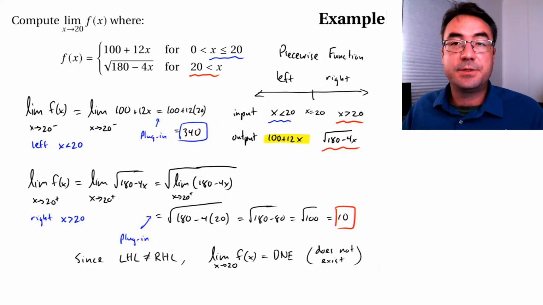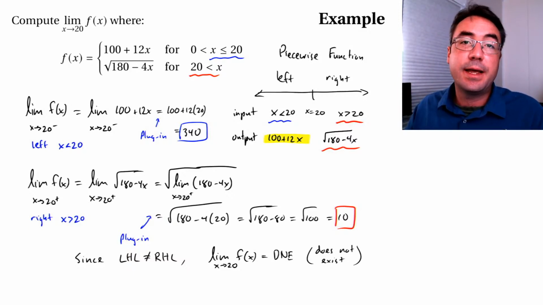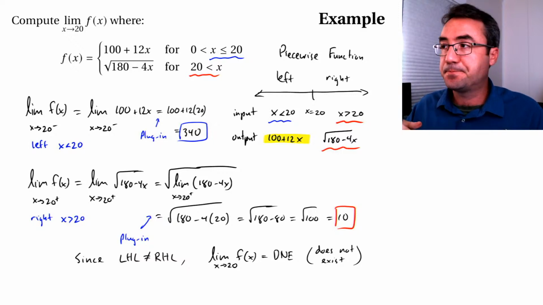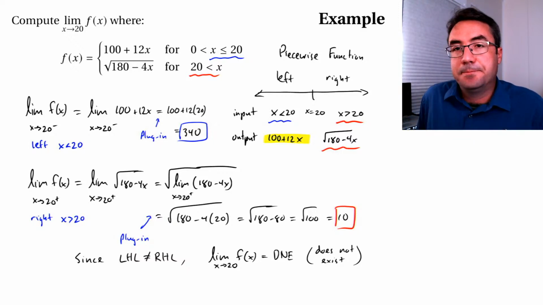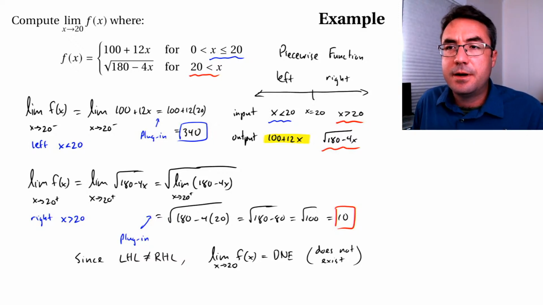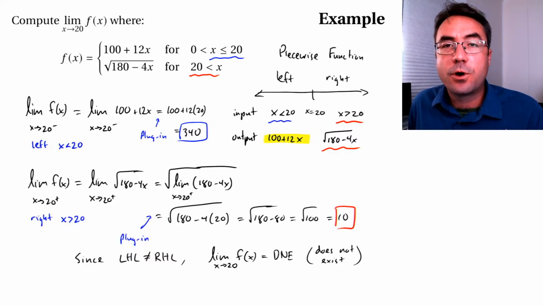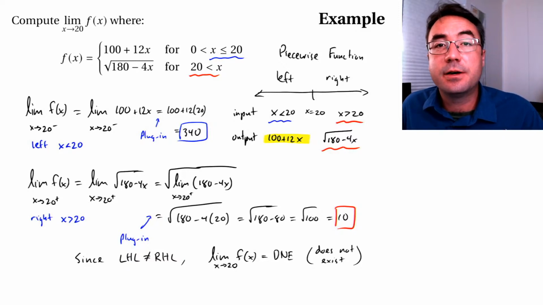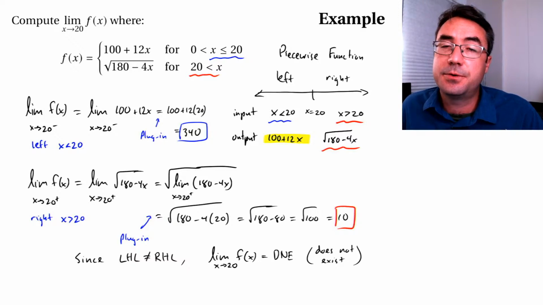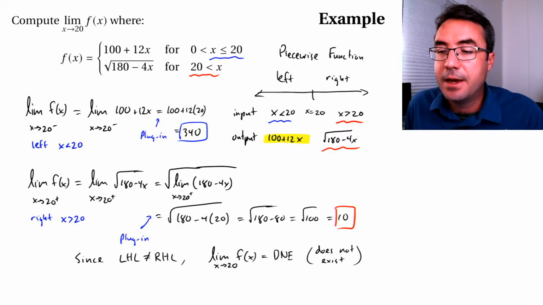So in order for a limit to exist, the left-hand and the right-hand limits have to be the same. Okay, so really that wraps it up for just our investigation of limit laws and using those to calculate limits.